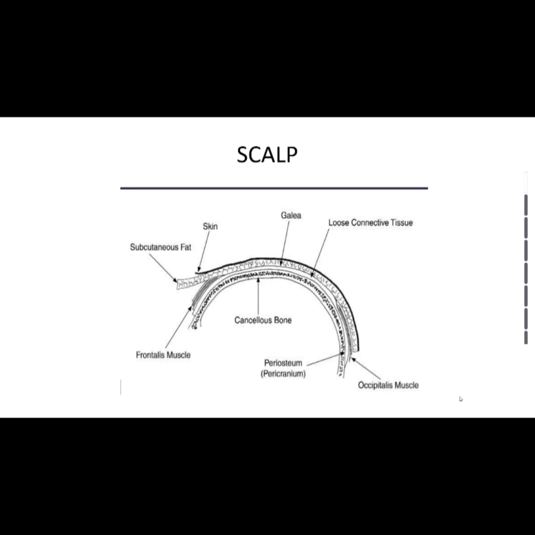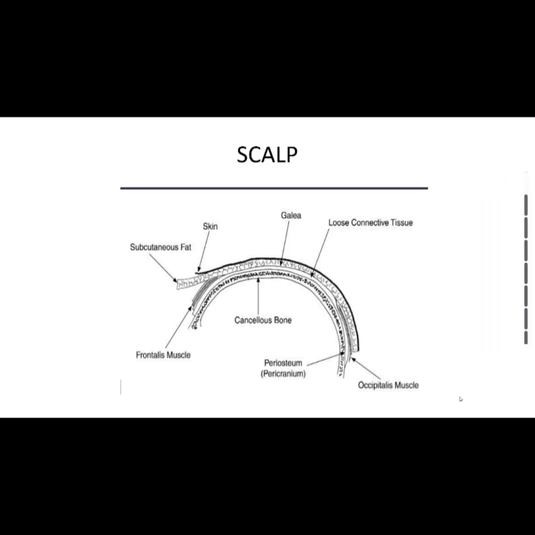So whatever you are moving, all those three layers are able to move over the pericranium because of the loose connective tissue. If you just hold your head and push it, you can feel it moving over the bone. It's because the three layers, the skin, the subcutaneous fat or connective tissue, and the galea, are connected.